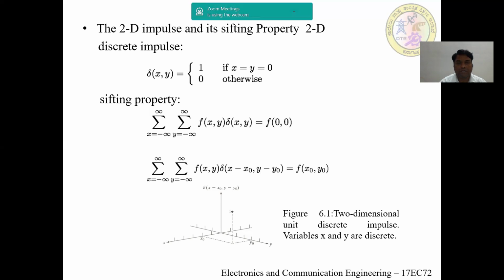Similarly, the double summation over x and y from minus infinity to plus infinity of f of x comma y times delta of x minus x naught comma y minus y naught is equal to f of x naught comma y naught. From the figure you can see the two-dimensional unit discrete impulse, where variables x and y are discrete.